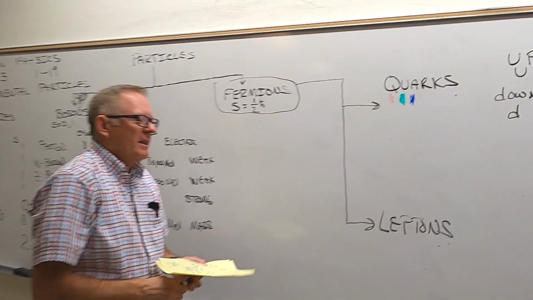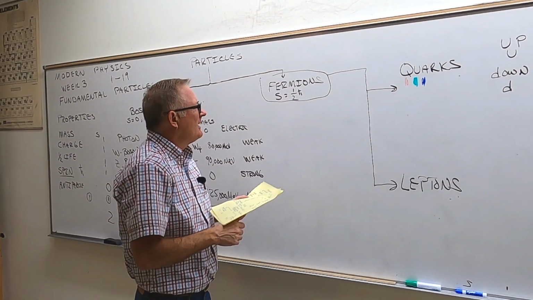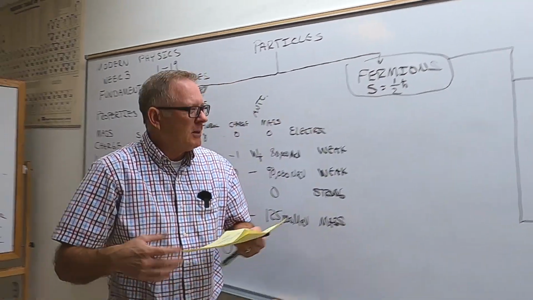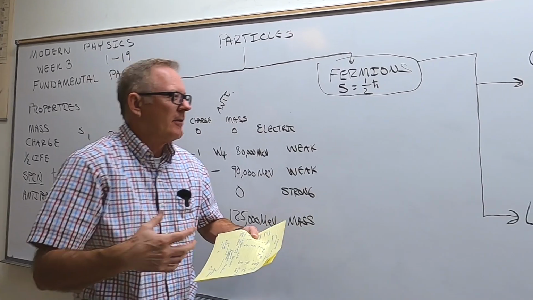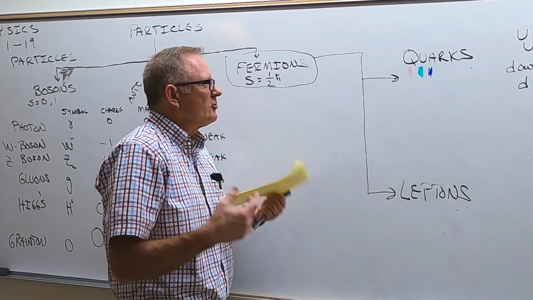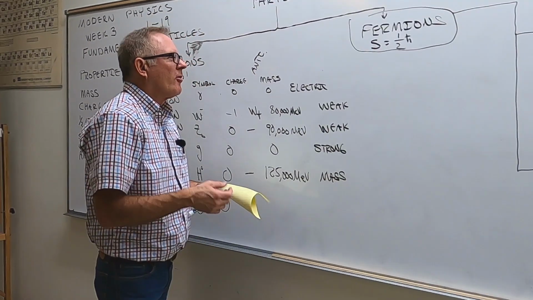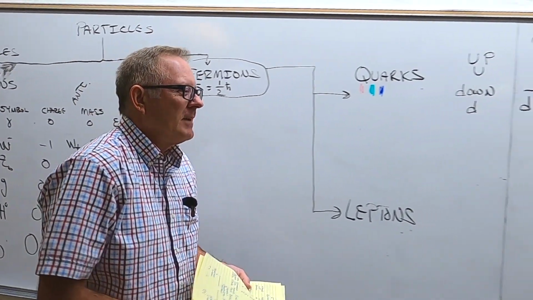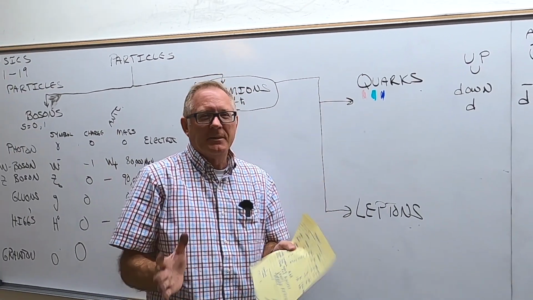The reason why they give it these colors is, you notice in electrical stuff, you have pluses and minuses. Plus and minuses attract, and like charges repel. But in the strong force, there are 3 flavors. And so how do you distinguish 3 opposites right here?